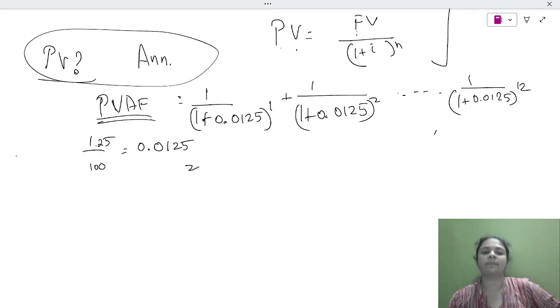Can you tell me what is the PVAF? I repeat, 1 divided by 1.0125, M plus. Again, press equal to once more and it becomes the square, M plus. Press equal to again and it becomes the cube, M plus.